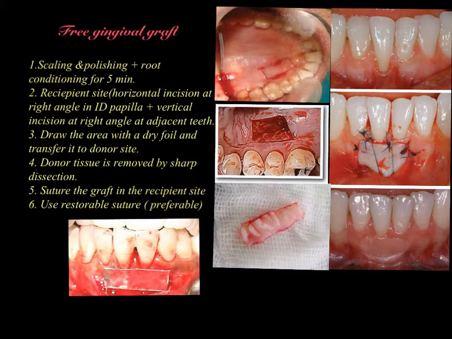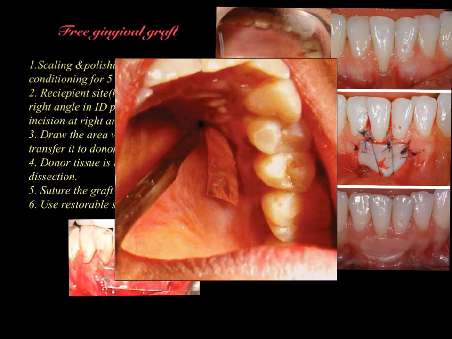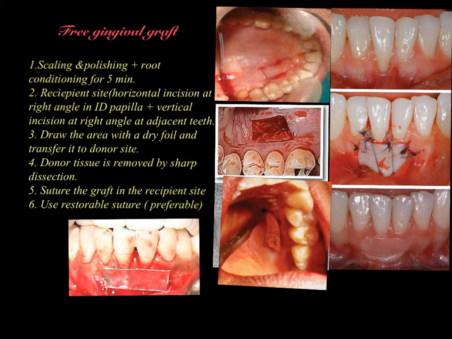So we need an actual size of the graft to be placed over the recipient site. So draw the area with the foil and transfer it to the donor site.